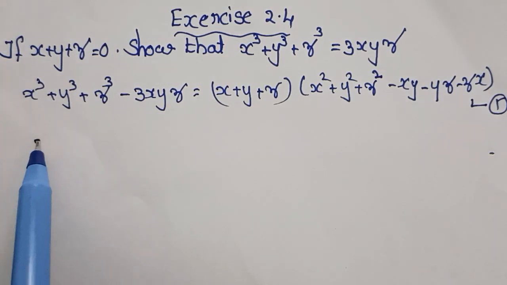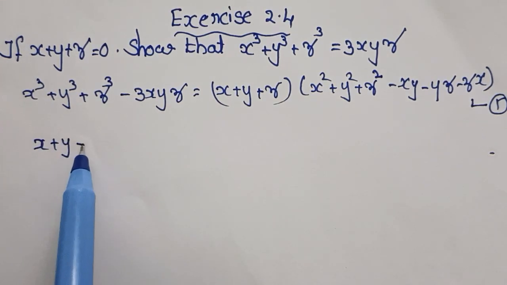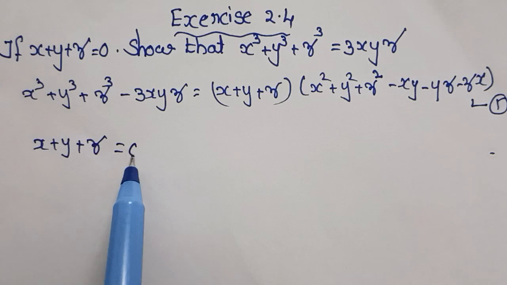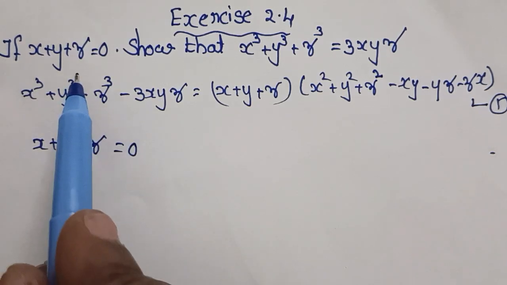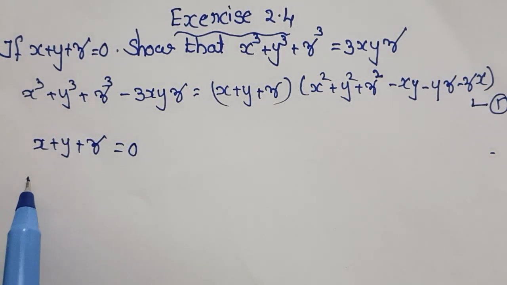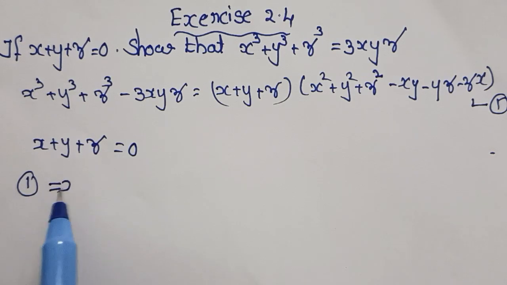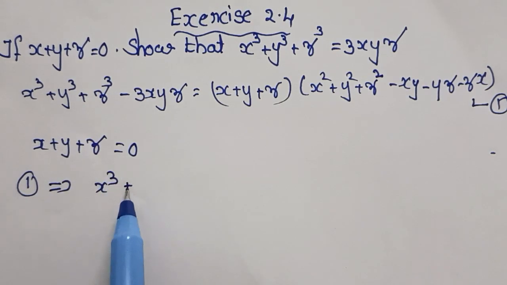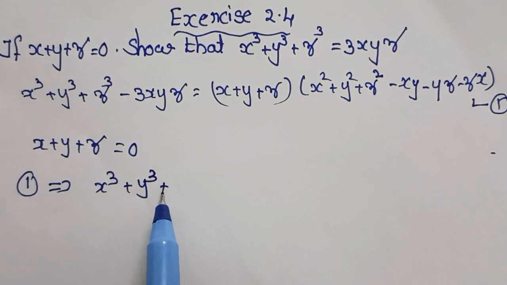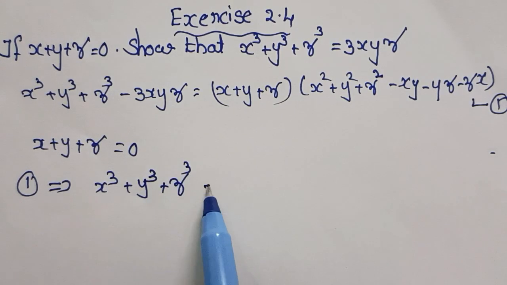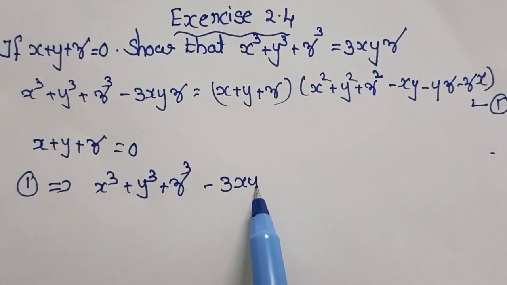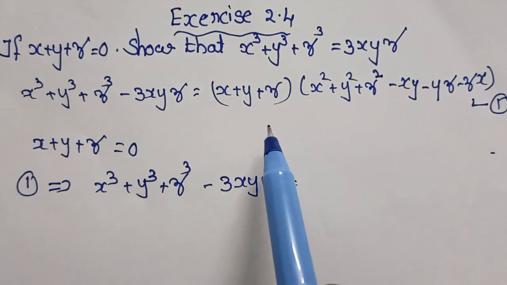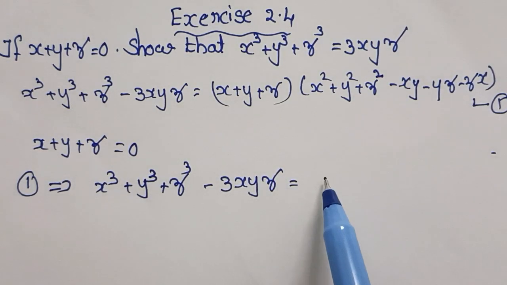But we have given that x plus y plus z equal to 0. This is given, x plus y plus z equal to 0. So substituting in first equation we get x cube plus y cube plus z cube minus 3xyz equal to 0 into this much. 0 into x square plus y square, you get 0.